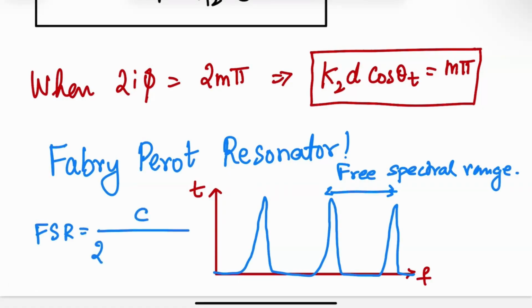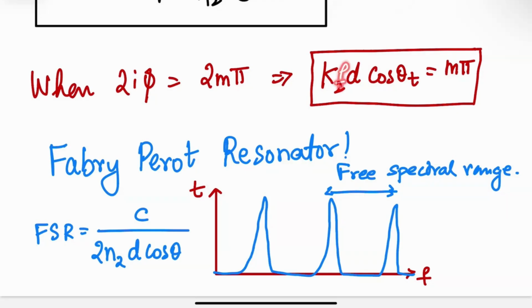And FSR is calculated pretty easily. It's c over 2 n2 d cosine theta. And that's the condition when m is equal to 1, right? Then you will have this 2 pi over here, pi cancel.